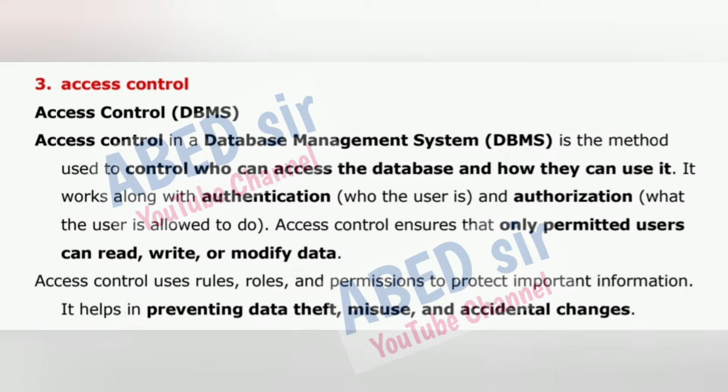Access control ensures that only permitted users can read, write, or modify data. Access control uses rules, roles, and permissions to protect important information. It helps in preventing data theft, misuse, and accidental changes.